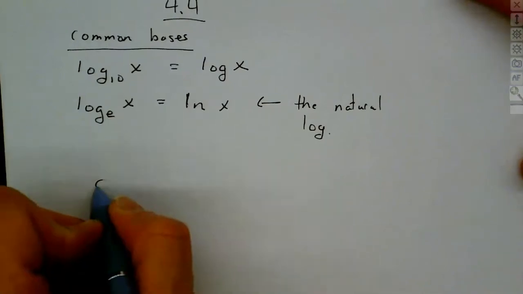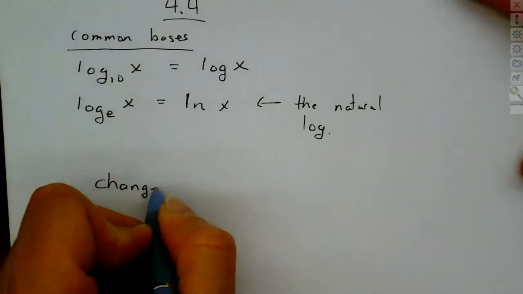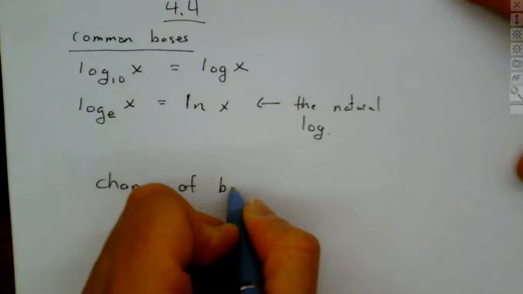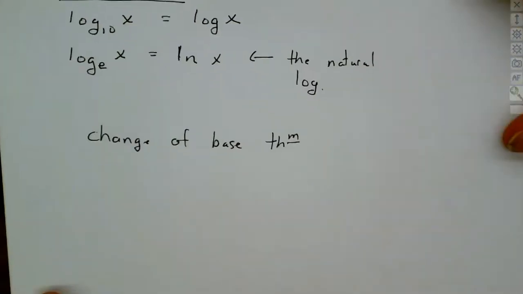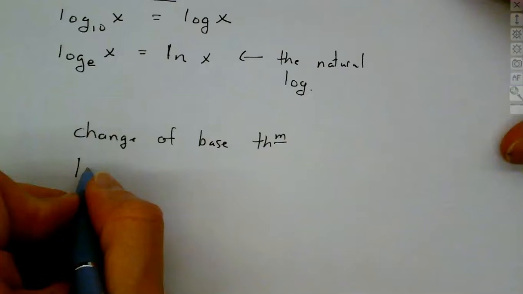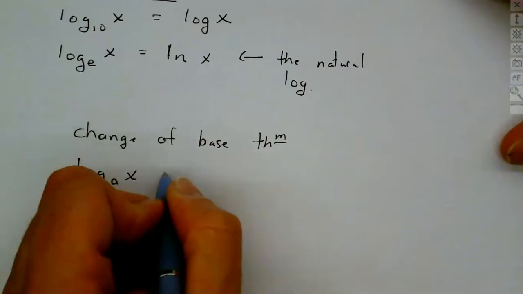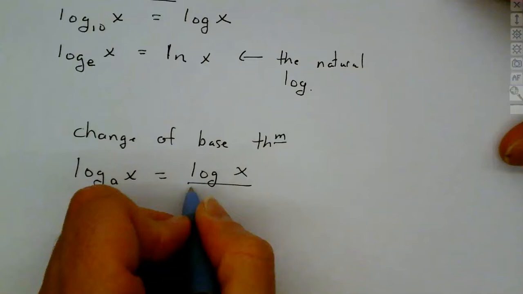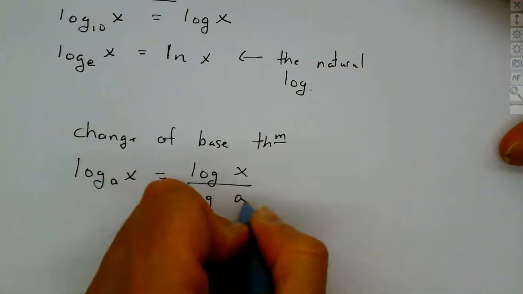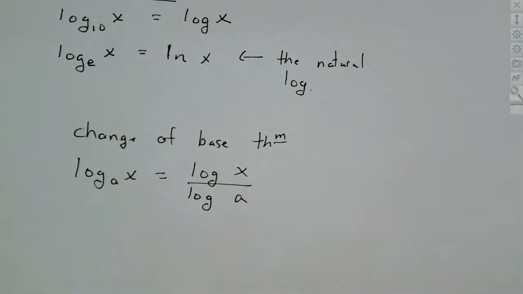And now we're going to talk about the change of base theorem. The change of base theorem says this: log base a of x is the same as log of x over log of a. And you can use the natural log instead of the log key.